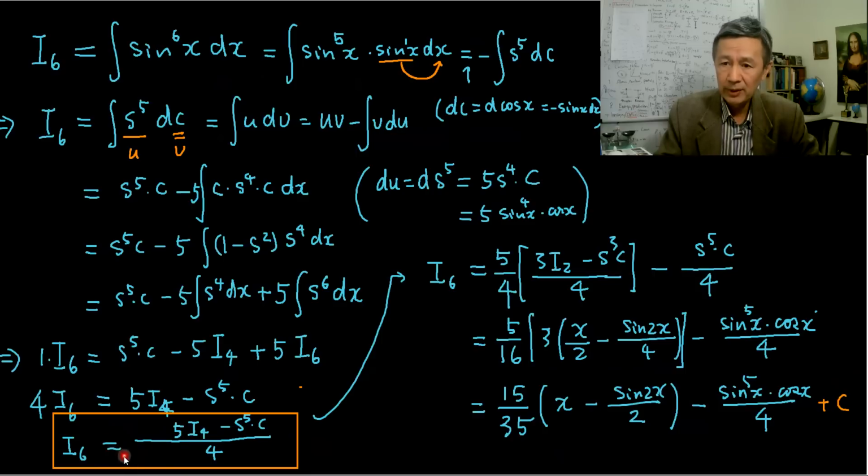Because you see, this is a kind of chain rule. Once you know I6, and we know I2, we can plug in. I like the word plug in. We can plug in so we can solve the problem.